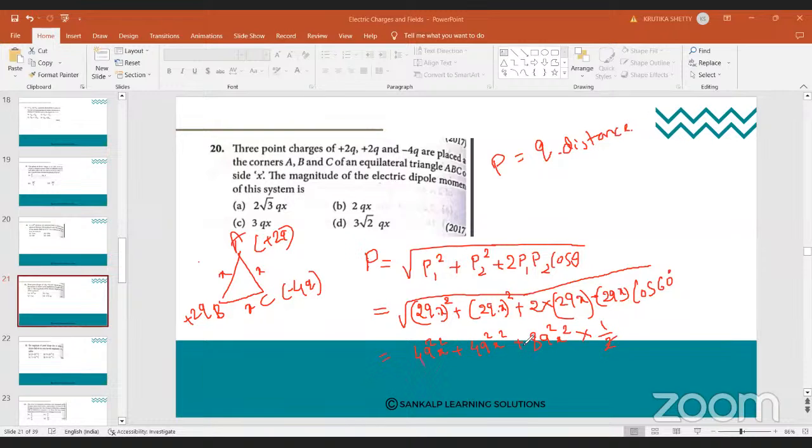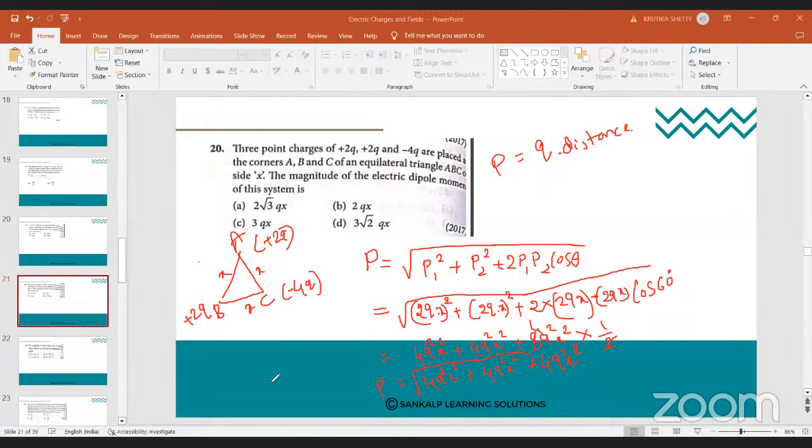See here, 2 ones are 2, 4 twos are 4. What is left here now? 4 q square x square plus 4 q square x square plus 4 q square x square. Yes, the net dipole moment is equal to, everything under root of 4q square x square plus 4q square x square plus 4q square x square.